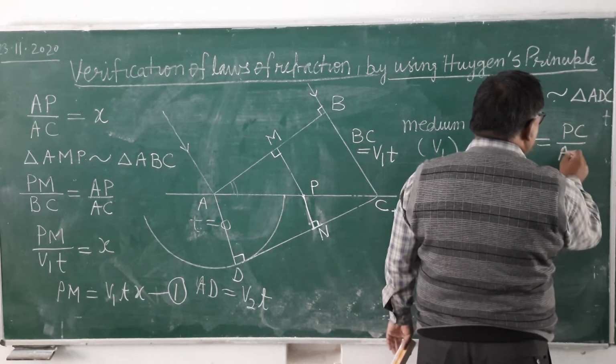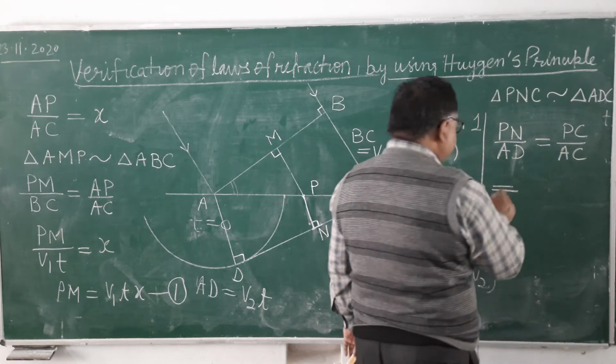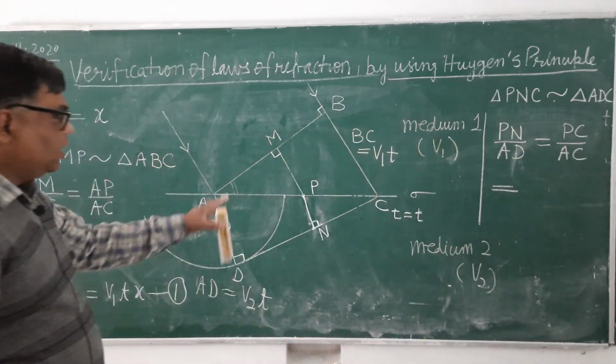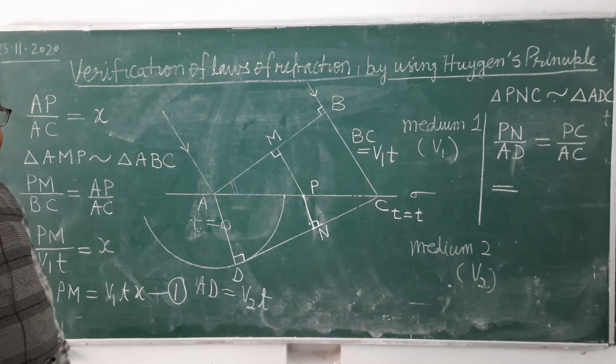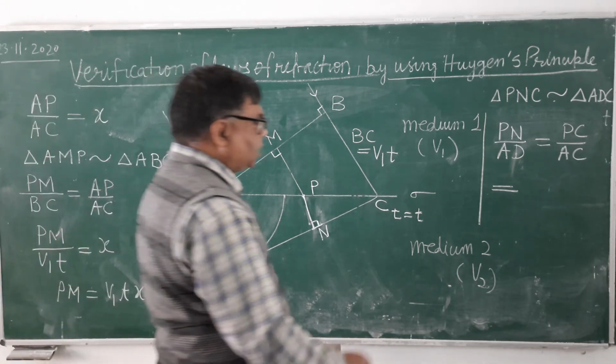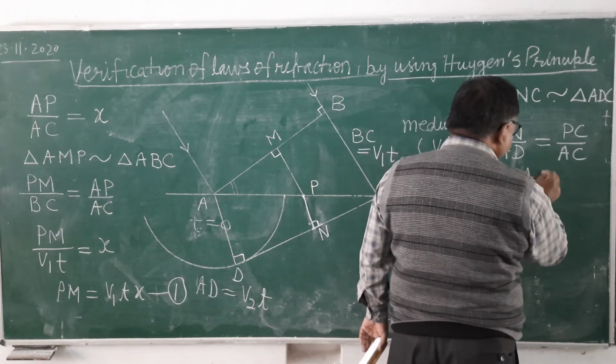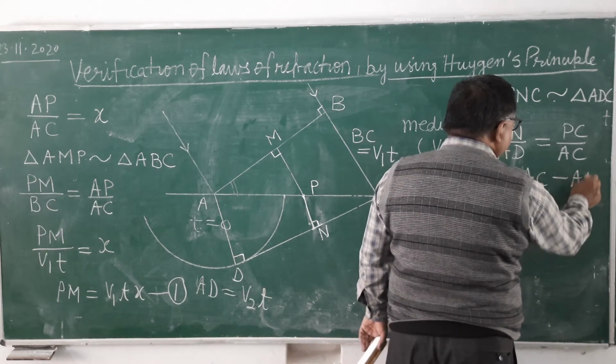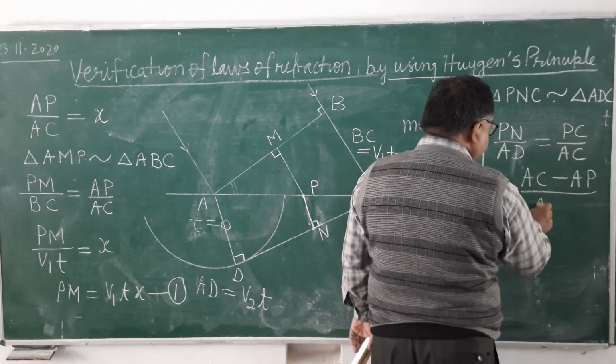Now see here, PC can be written as AC minus AP. Is it clear? AC minus AP, you see in the diagram. So AC minus AP upon AC.